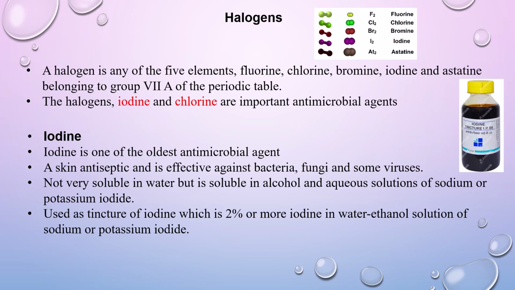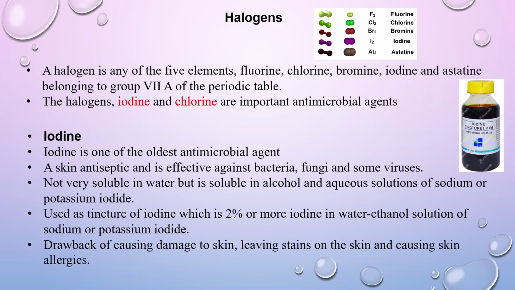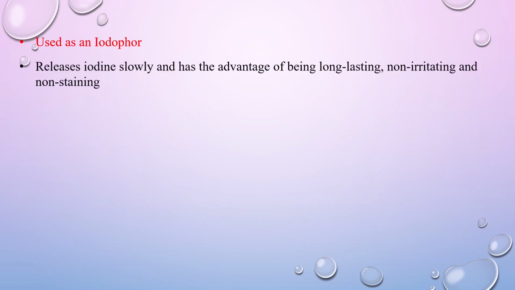Although it is an effective antiseptic, it has its drawbacks of causing damage to skin, leaving stains on the skin and causing skin allergies. More recently, iodine is used as an iodophore, in which it is complexed with an organic compound. It releases iodine slowly and has the advantage of being long-lasting, non-irritating and non-staining.